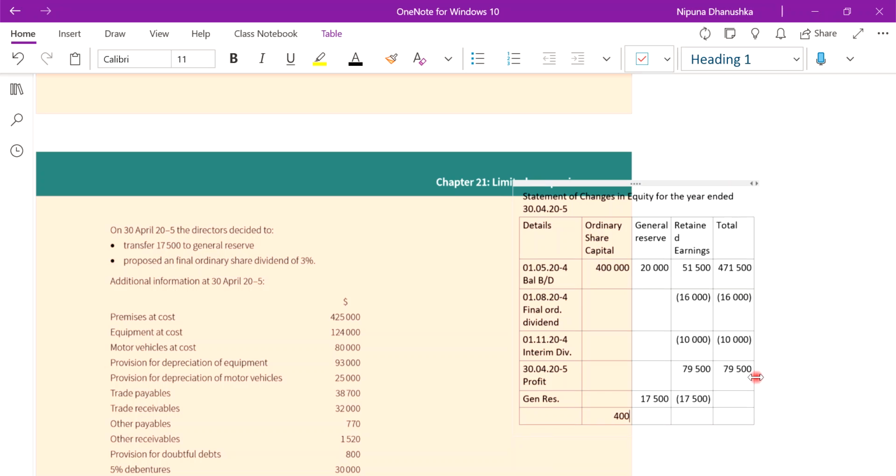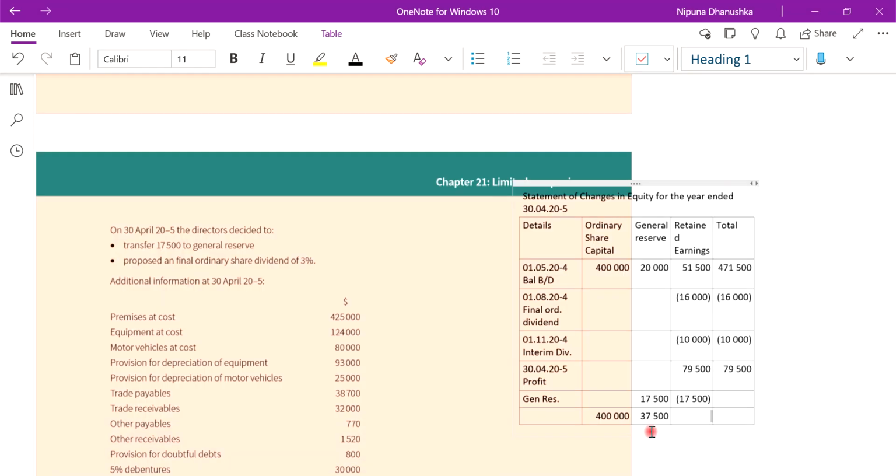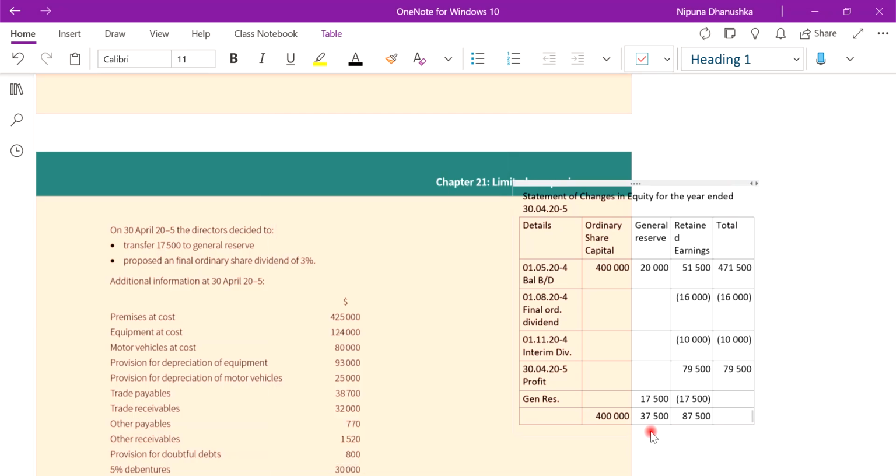So then you can get the final totals. Over here it's going to be 400,000, then again 37,500, and over here let me get the calculator. 51.5 minus 16 minus 10 plus 79.5 minus 17.5 gives 87,500. So plus 400 plus 37.5, 525,000.